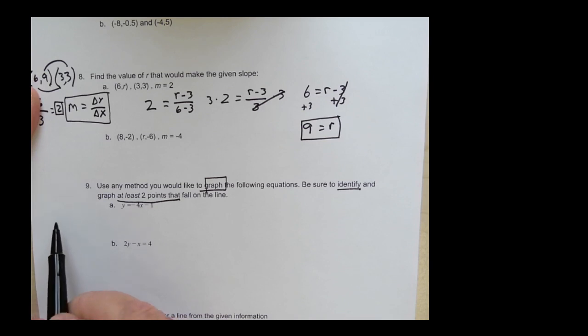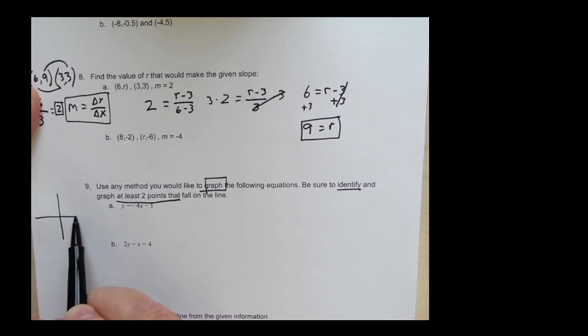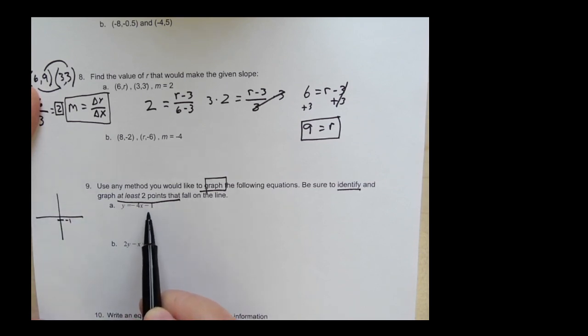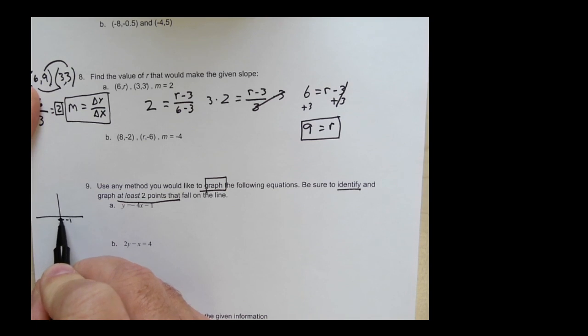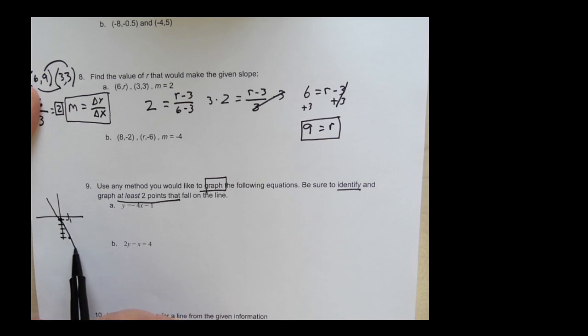One is, and I'll do that in black, maybe you remember how to graph with slope-intercept form. This is the y-intercept, -1, so there's a point. What's the slope? Down 4/1. So there's our other point, and there's our graph. So we've done that piece of it right here.